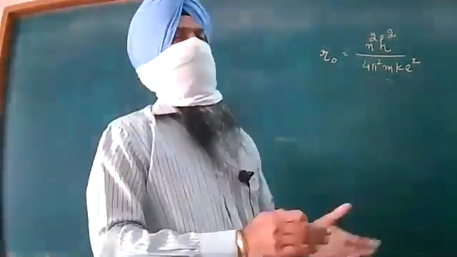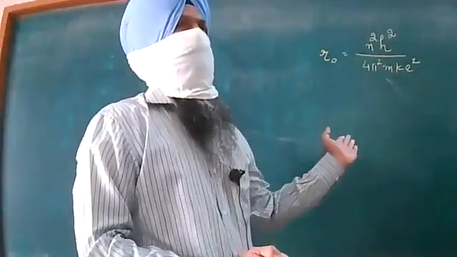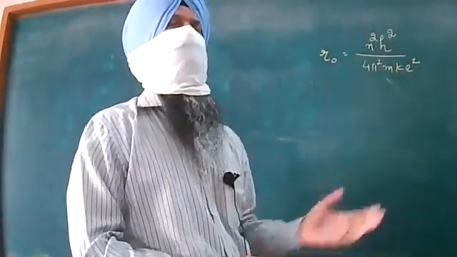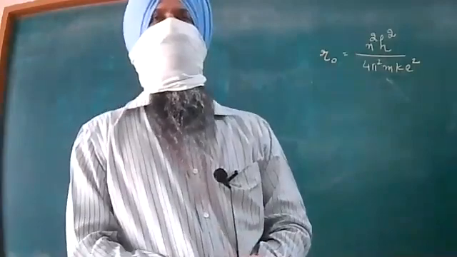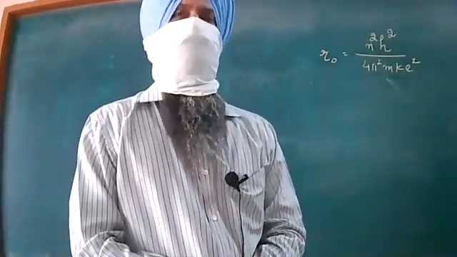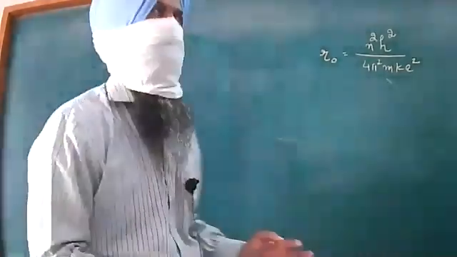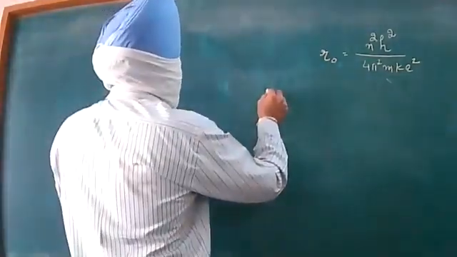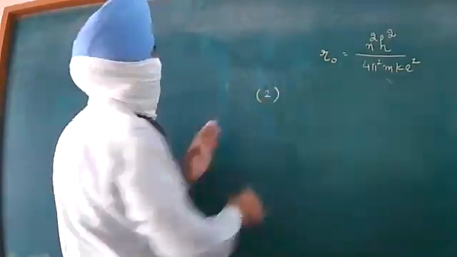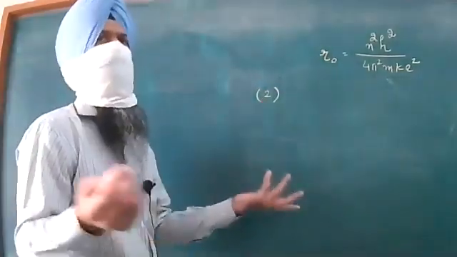Now, beta, second topic after calculation of the atomic radius on the basis of Bohr model, that is our calculation of the velocity of the electron in the orbit. So let us calculate the second part. We actually started with this, but we ran out of time.